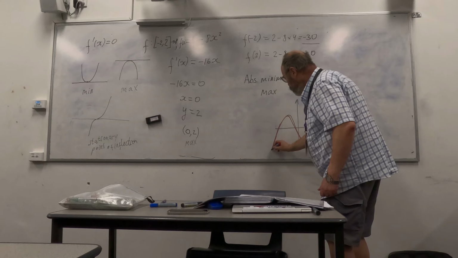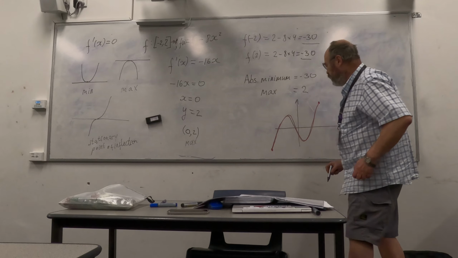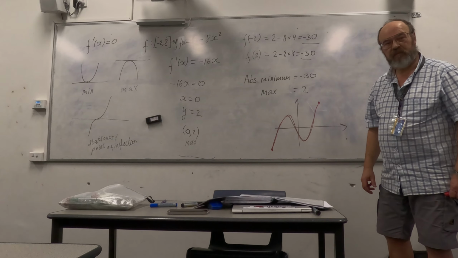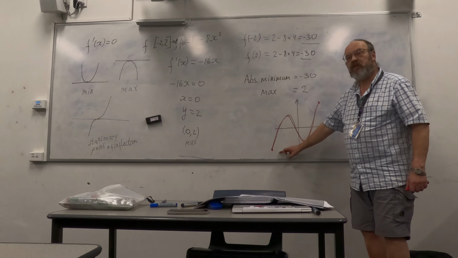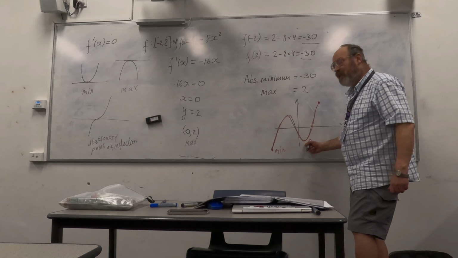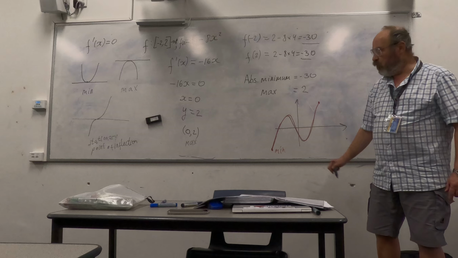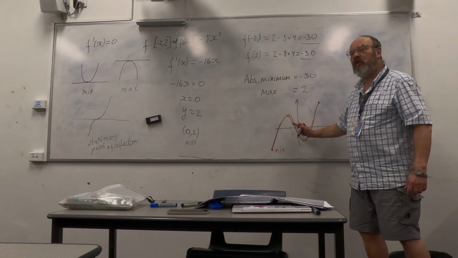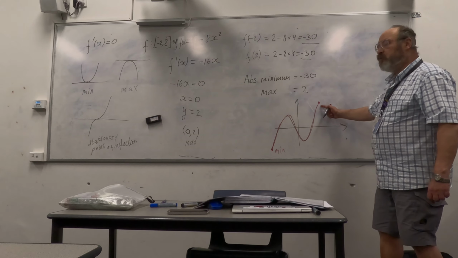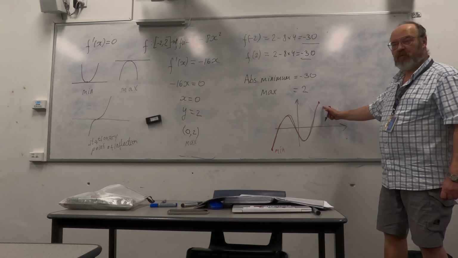Those are endpoints. Where will be the absolute minimum? The left endpoint will be the absolute minimum because it has value less than the local minimum. Those are called local maximum, local minimum. This is absolute minimum. And this will be absolute maximum.